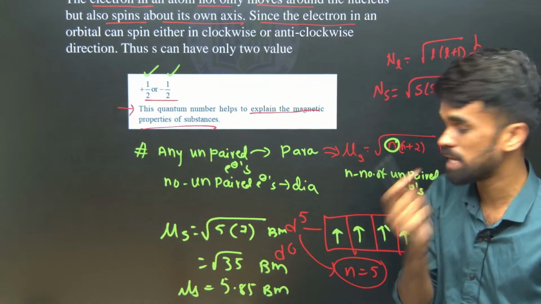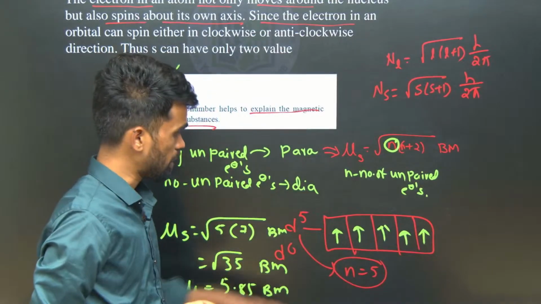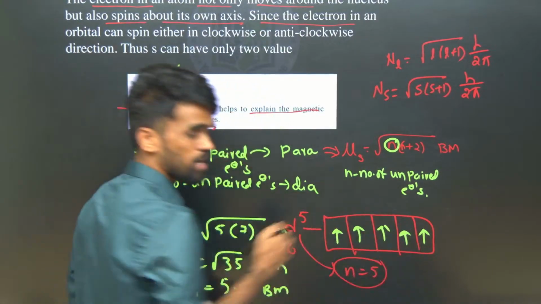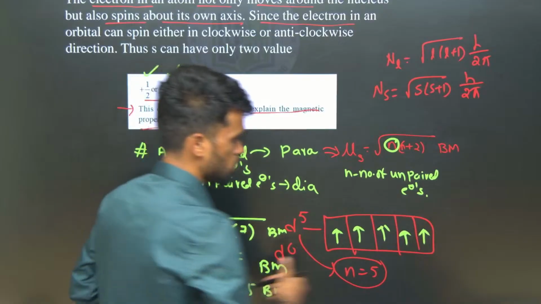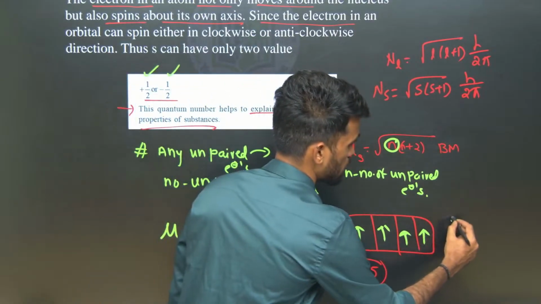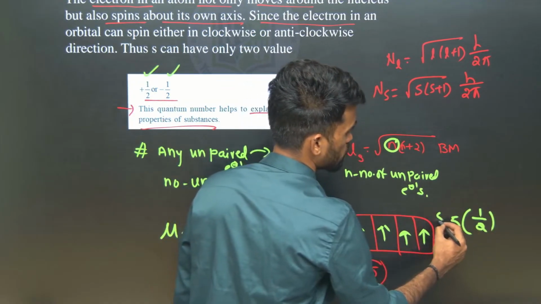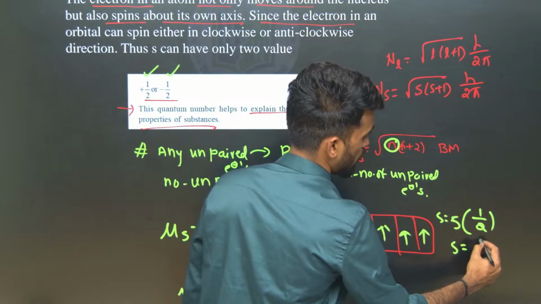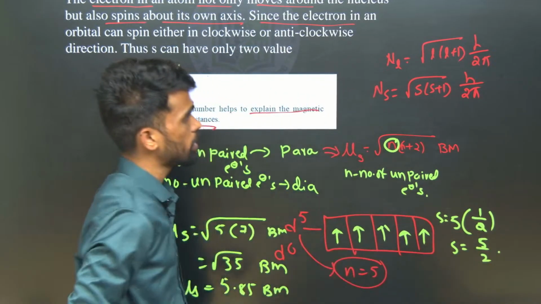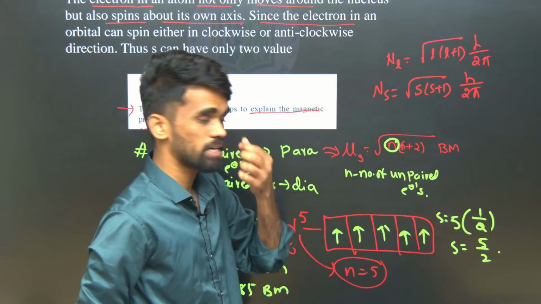This is the total spin. What is the total spin? For example, here I am saying 5 electrons, all of them having the same spin, positive spin. Only one single spin they have. So 5 electrons, all of them with the same spin, so the total spin value will be S equals 5 by 2. So take S as 5 by 2 and simplify if they ask for the spin magnetic momentum.